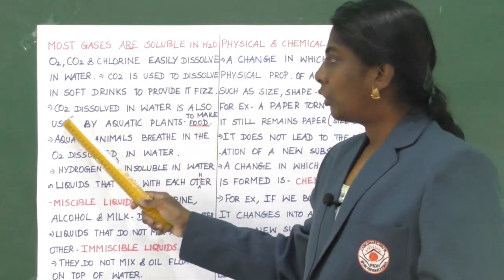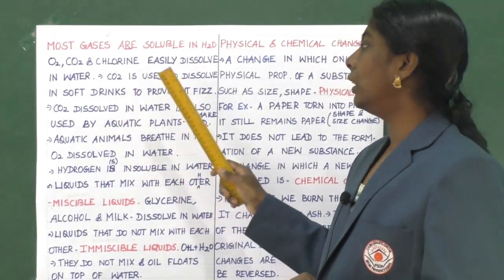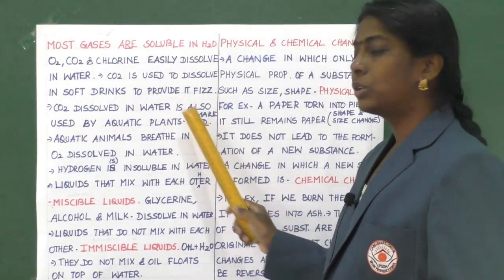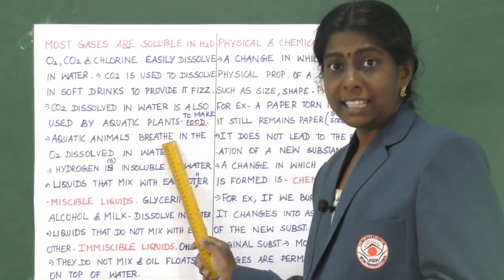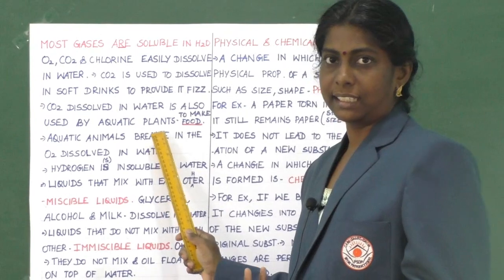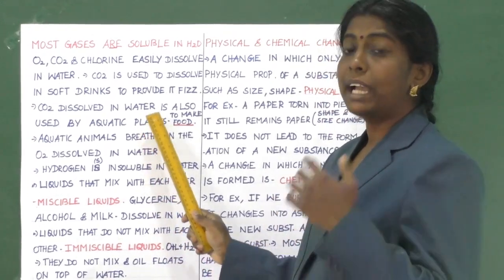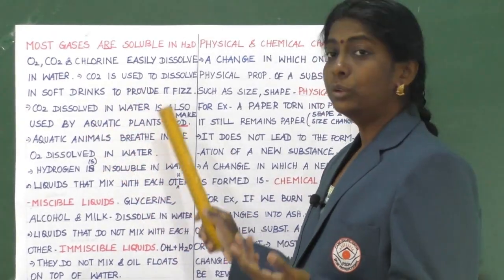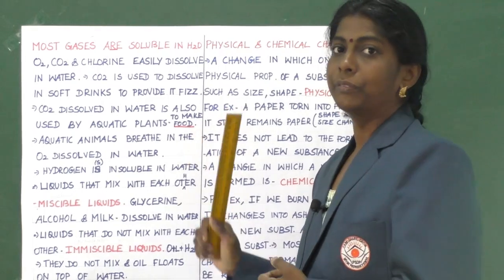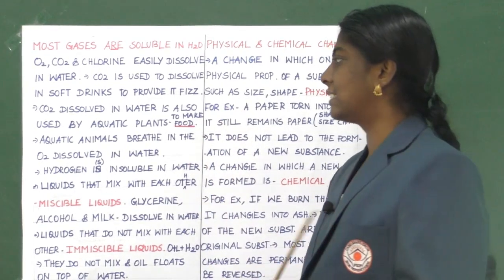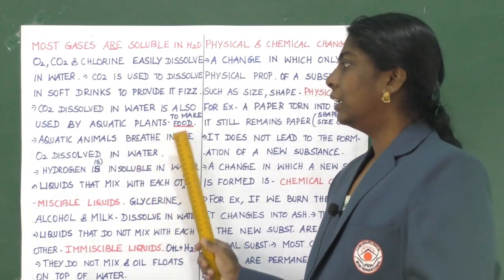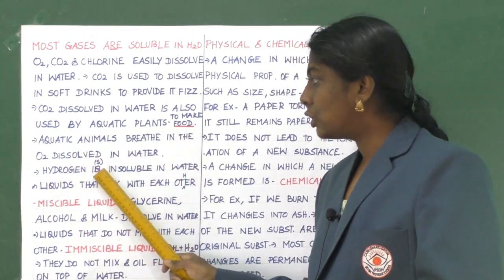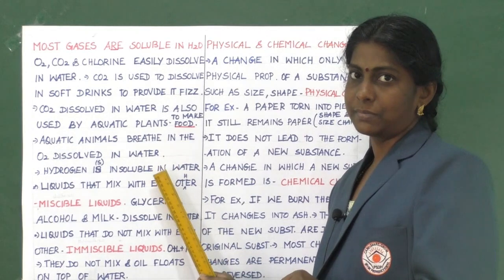Carbon dioxide dissolved in water is also used by aquatic plants. Plants use carbon dioxide, is it not? So that is used by aquatic plants to make food. Clear, children? Aquatic animals breathe in the oxygen dissolved in water.